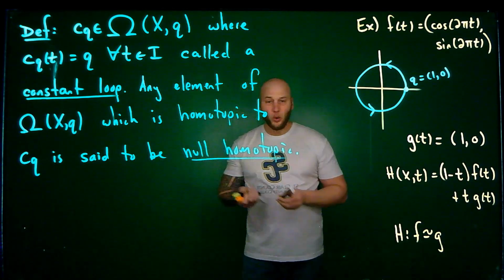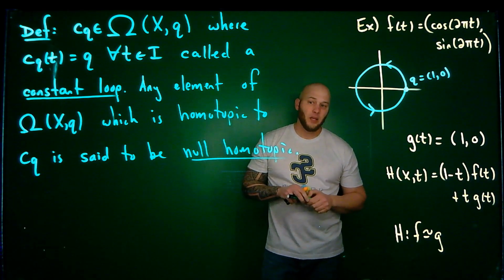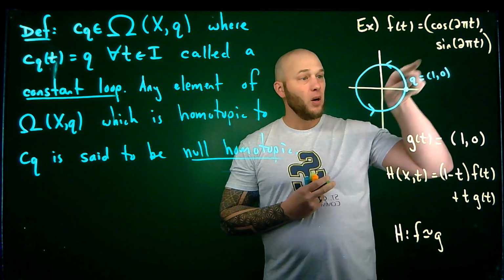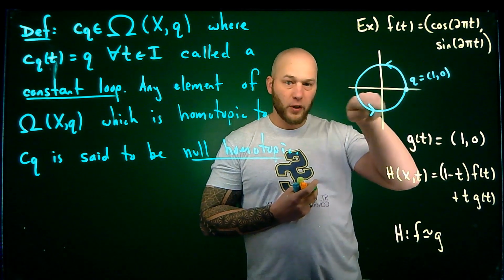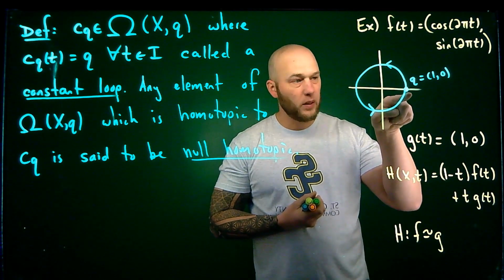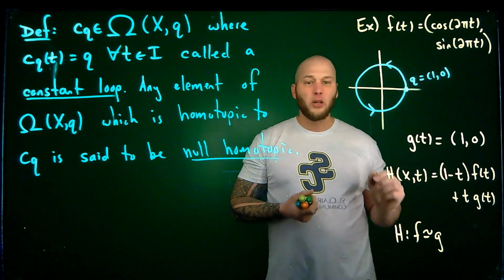Therefore, a loop which is homotopic to the constant loop is null homotopic. That means that this loop over here, whose path is this unit circle, is homotopic to the constant loop at the same base point. This is a null homotopic loop.